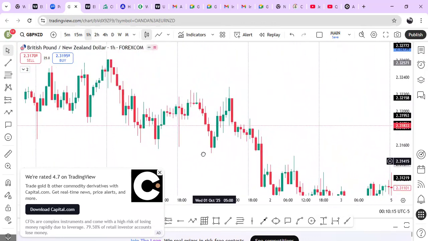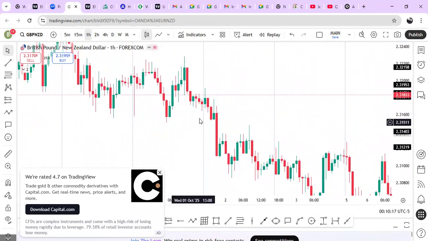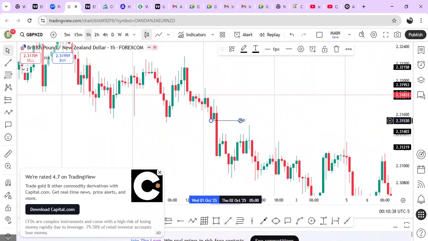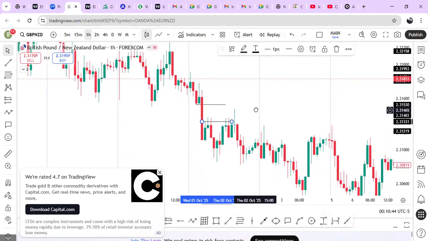But there are the advanced ones that are not necessarily three candles. Let's see. If we see candle one here, candle two, candle three, the colors are not so together. FVGs are basically used for continuations, not reversal per se.